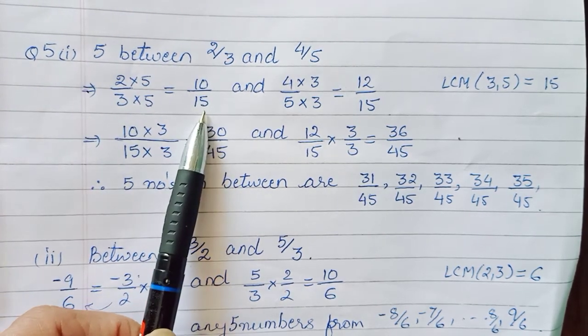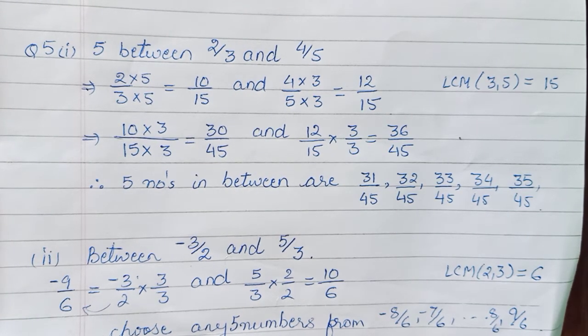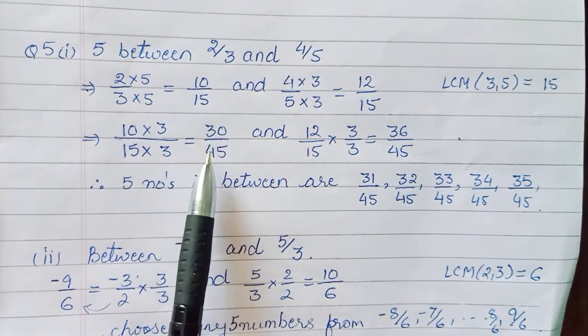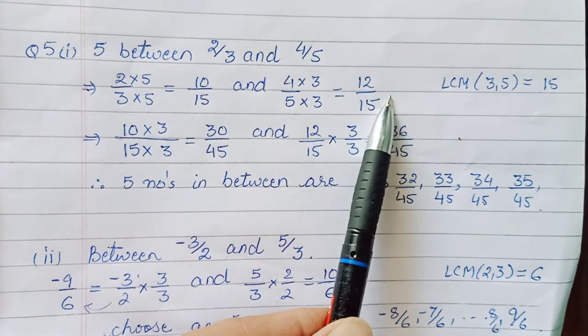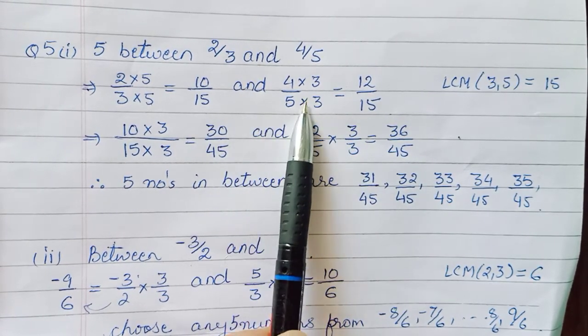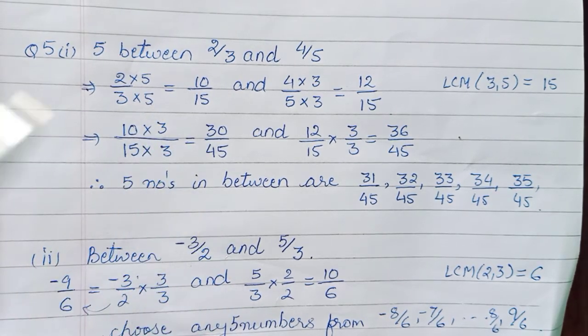So we will increase this more. We'll make a higher equivalent rational number. If I double it, as I did in the previous one, 10 2s are 20 and 12 2s are 24. Between 20 and 24 you have 21, 22, 23, only 3 numbers, and we needed 5. So we made it bigger.